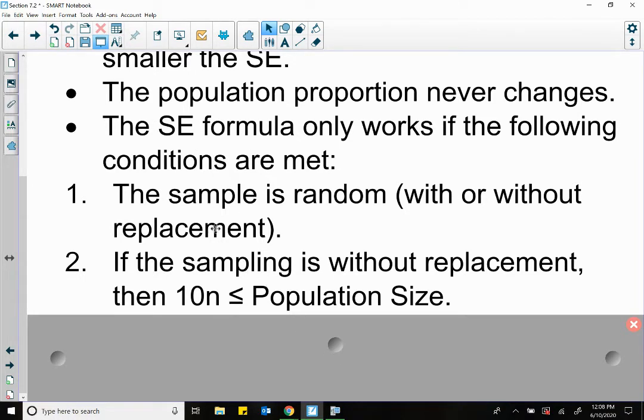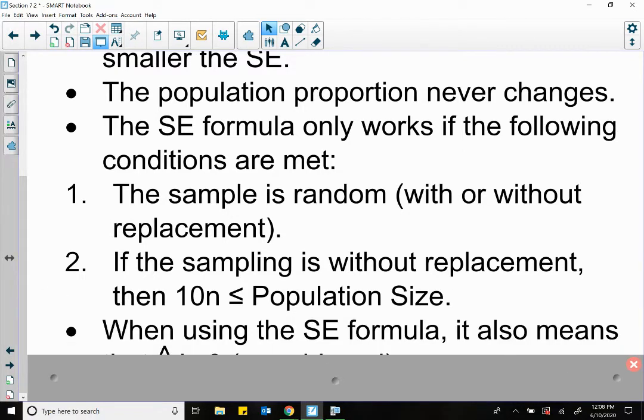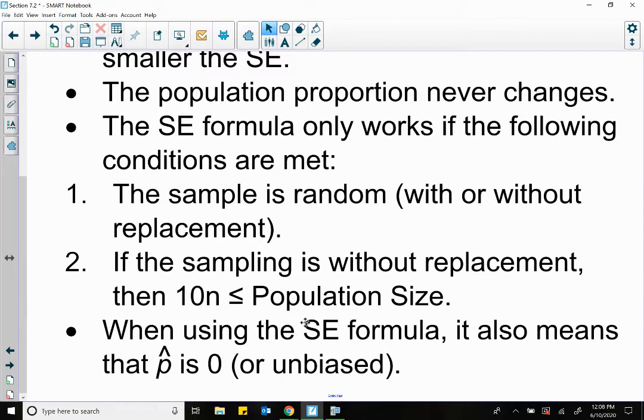So 2 things. Sample is random. Population must be huge. And we only worry about this if we do without replacement. We only worry about a huge population size if we do without replacement. Okay? I don't think I have anything below that. Oh, yep. Also, when using the standard error formula, okay, it also means that your p hat is 0 or unbiased.